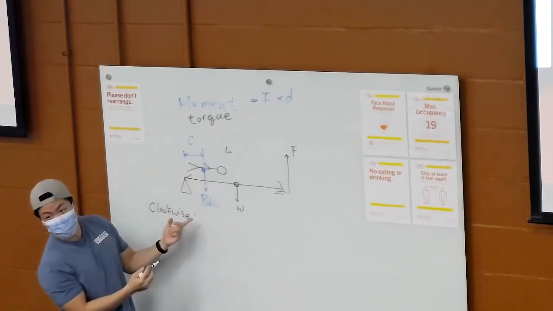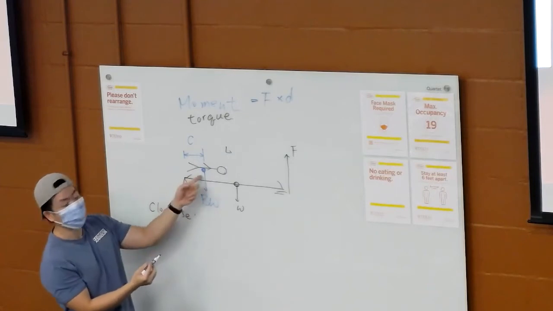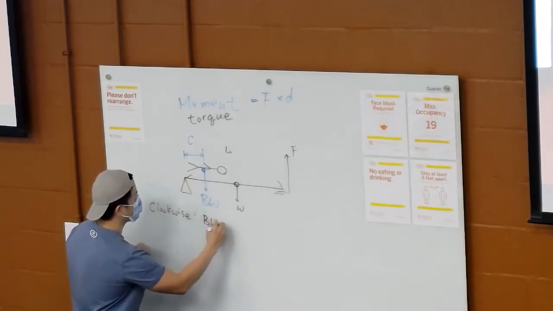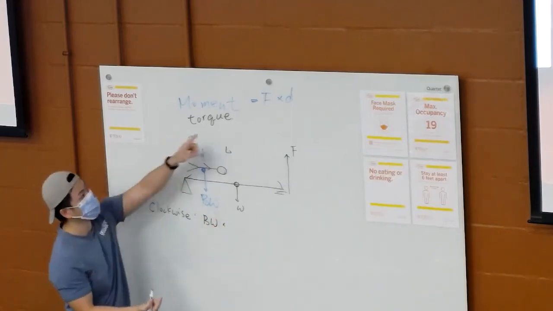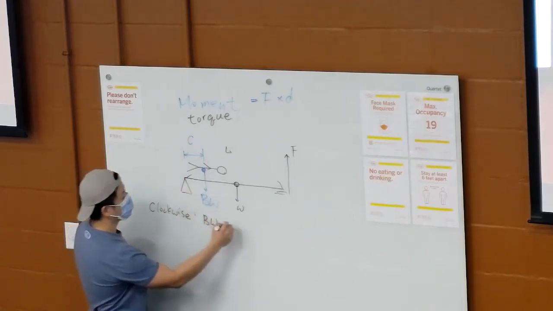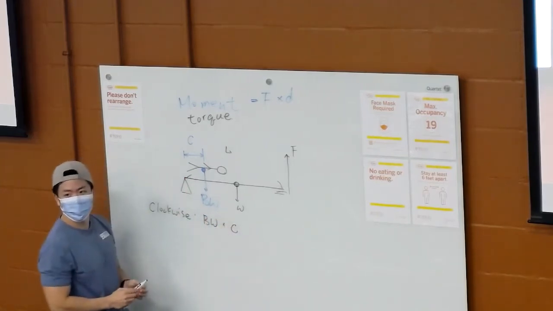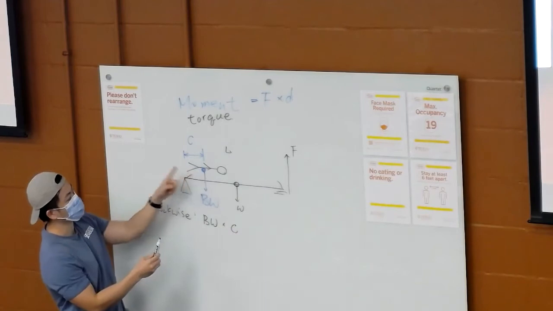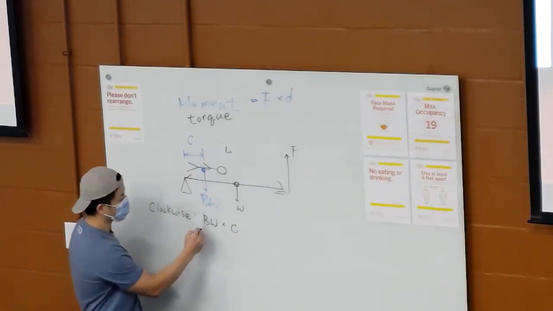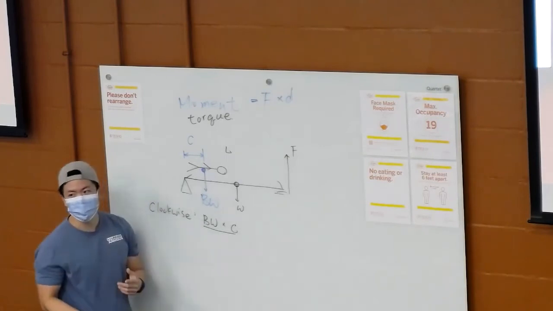And how do we calculate the torque or the moment by that person? It'll be body weight times distance. Force times distance: body weight times C, the distance from the center of mass to the axis of rotation. So that's one of the clockwise torques. Is there any other?